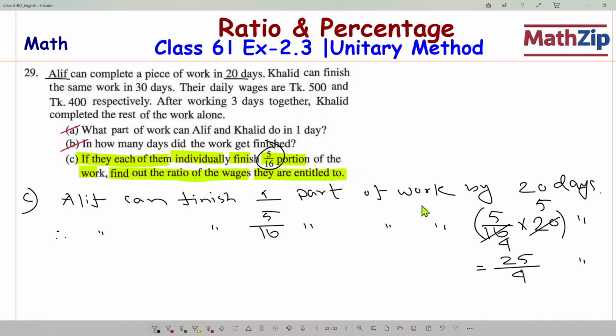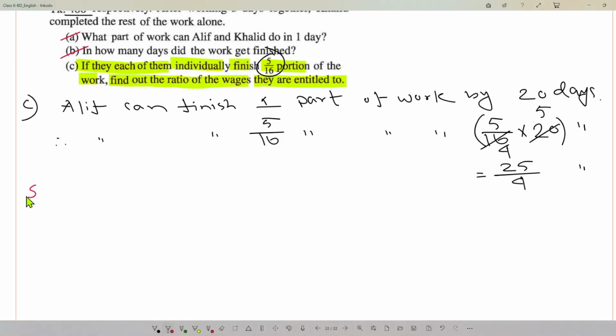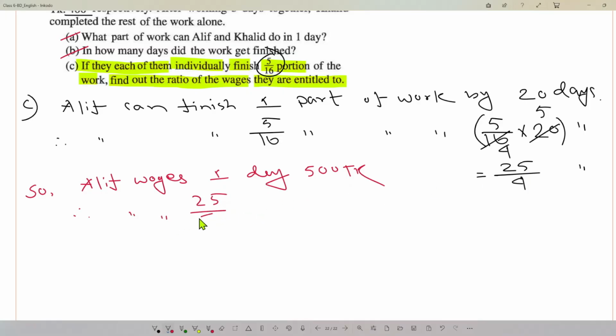So what is the wages of Alif? Their daily wages are 500 taka and 400 taka respectively. So Alif's wages for one day are 500 taka. So for 25/4 days it should be 25/4 times 500 taka, right?